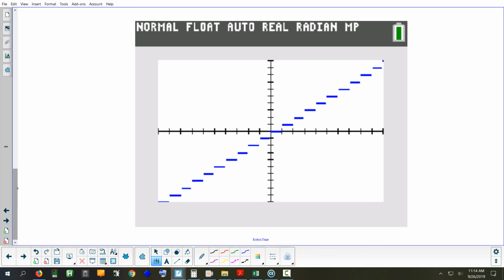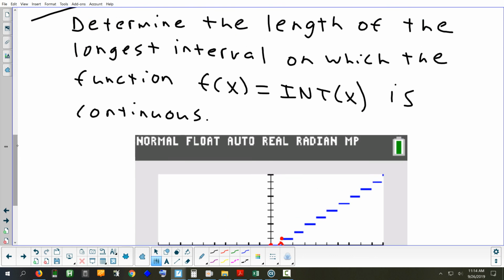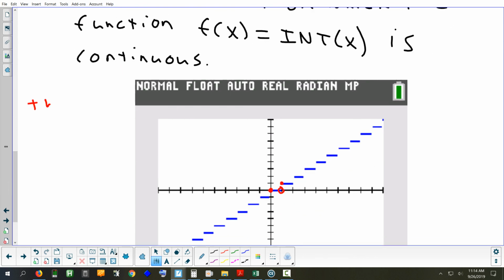So with the step function, it starts like this is 0 and you include it. This is 1 and you don't include it, because when you're at 1, you've already jumped up to the next step. So technically it's 0 to like 0.9 repeating. So I guess you could say, what is the length of the longest interval?